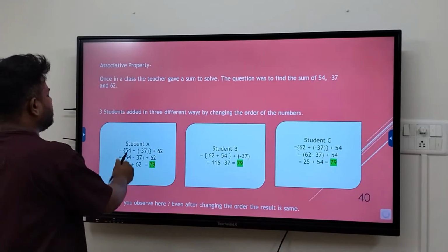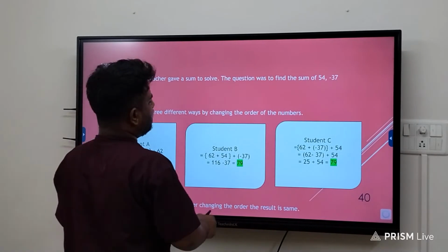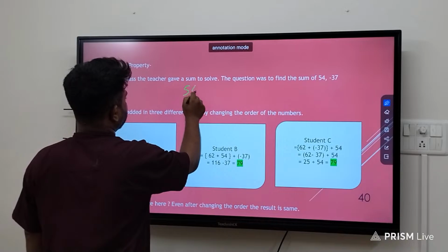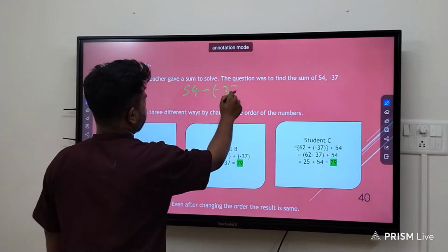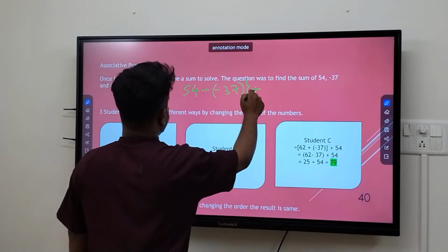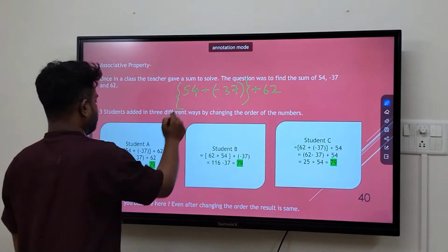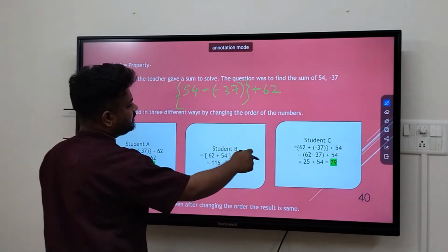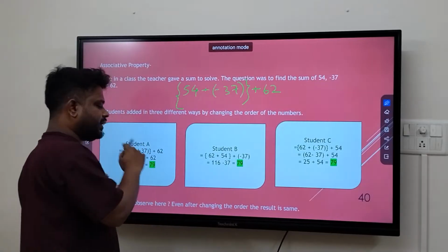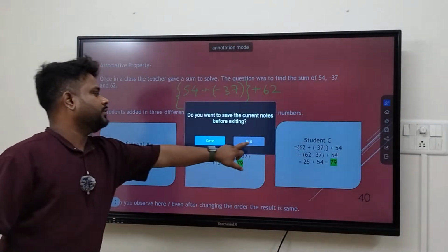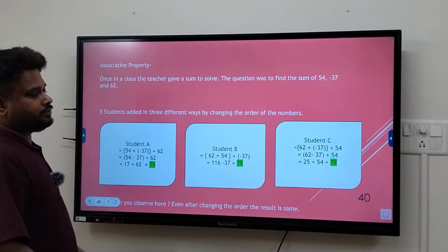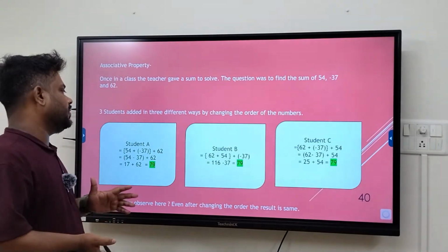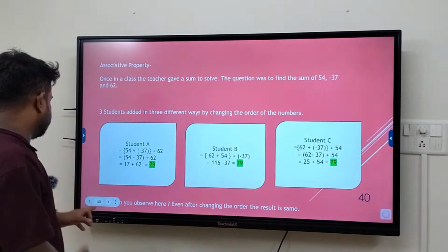The first student wrote it like this, the second student wrote it like this, and the third student wrote it like this. In all three cases, the answer will be the same. So this is a live proof that the commutative property holds for addition.